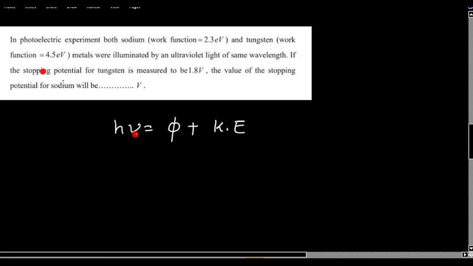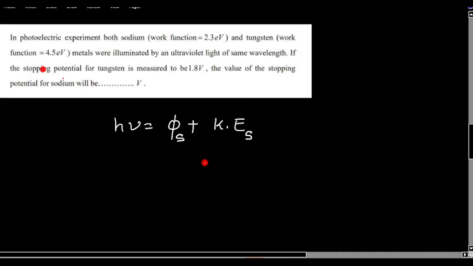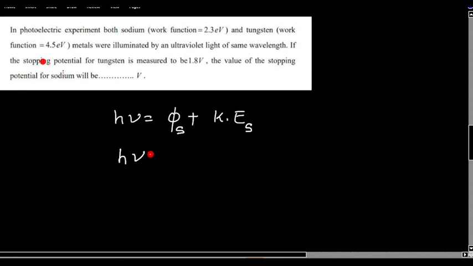The incident energy is equal for both cases, and let the sodium work function be phi s and kinetic energy be Ks. So h nu equals phi s plus Ks, and the other relation for the tungsten is h nu equals phi t plus Kt, the kinetic energy of the electron for the case of the tungsten.